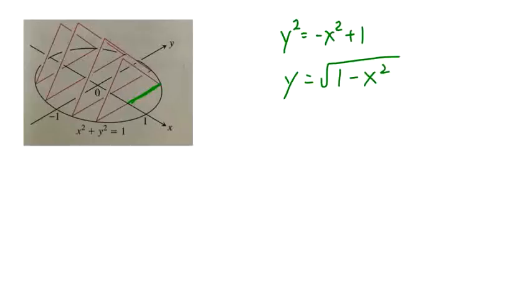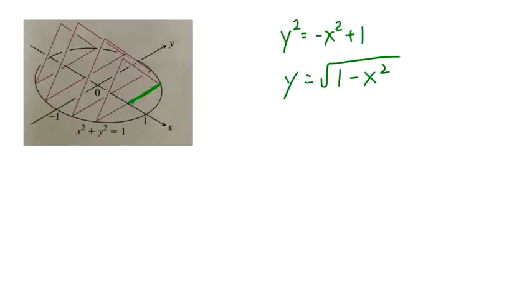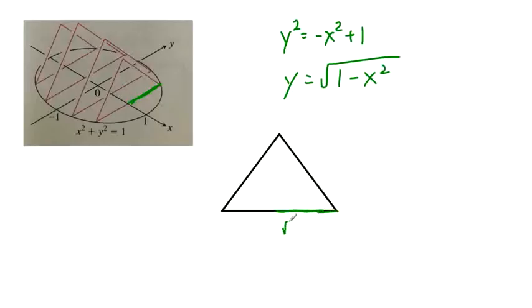So if I take this triangle, pretty much what I just did was I did this one right here. So this part right here is the square root of 1 minus x squared.